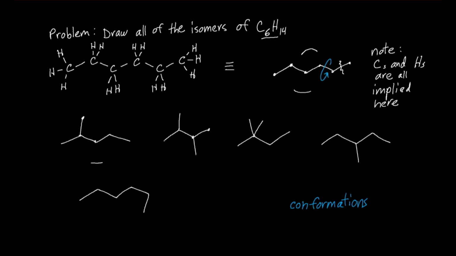So there is free rotation around any of these bonds, including that one that I just indicated. All what we're seeing here on this structure is a rotation, and so this is the same as the first molecule shown.